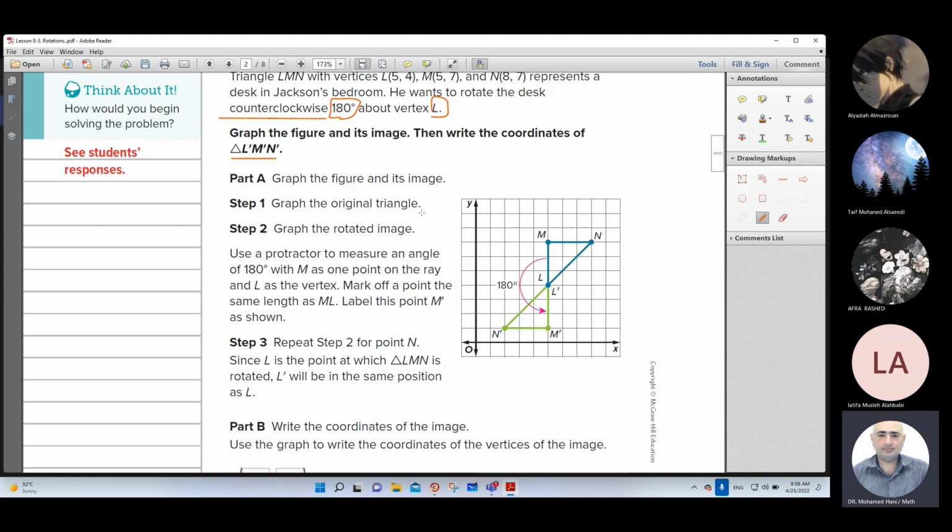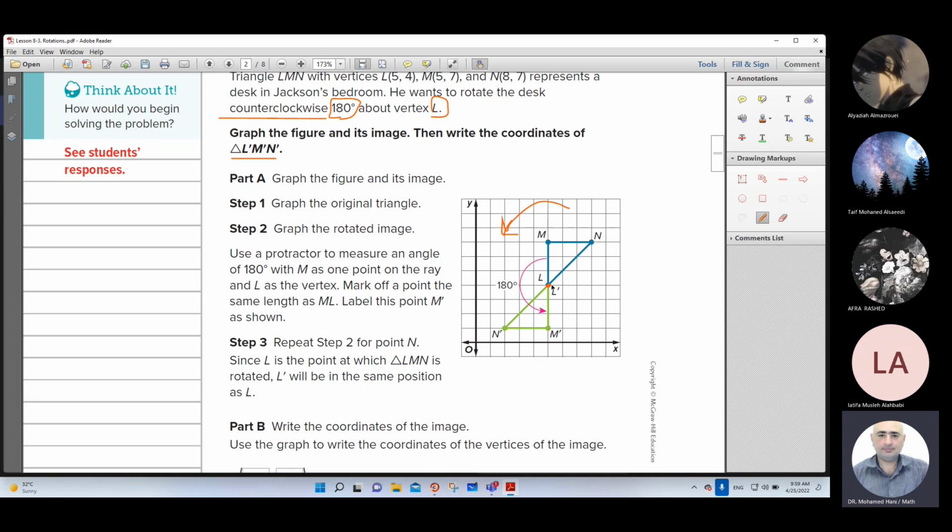Step 1, graph the original triangle. Then graph the rotated image. The center, as you see, will be L. You can choose any side, for example, ML. The rotation counterclockwise means from right to the left. Then make angle 180, and you will get L prime, M prime in the same straight line with ML, as you see.